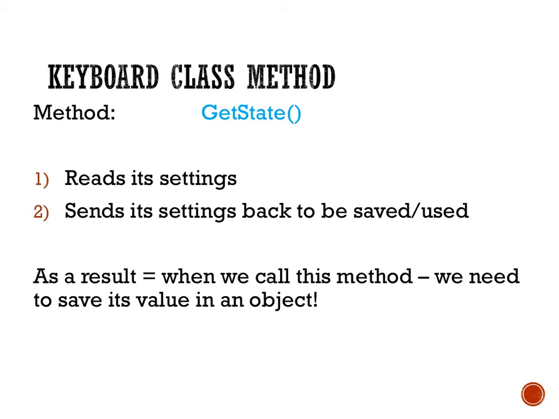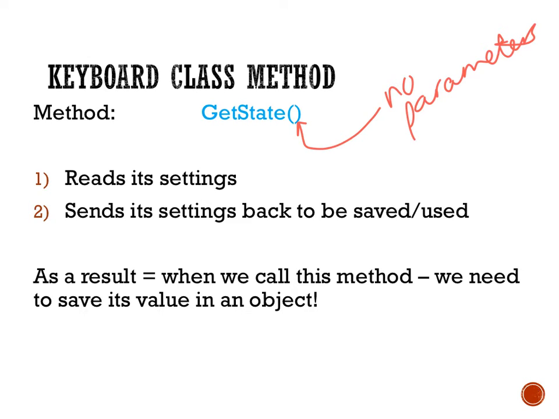And just like the gamepad class, our keyboard class has something called the GetState method. Now, what you'll notice is that it takes in no parameters. When we had the gamepad, we had to actually put in the player index that we wanted. Because typically only one keyboard is plugged into a computer at a time, you don't have to specify which keyboard you're using.